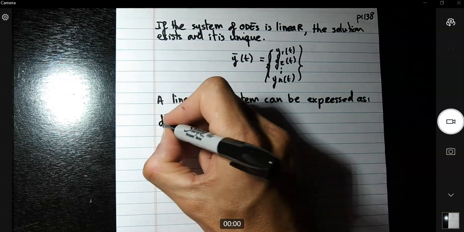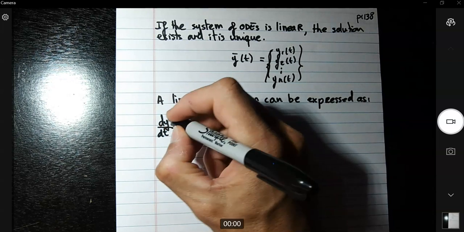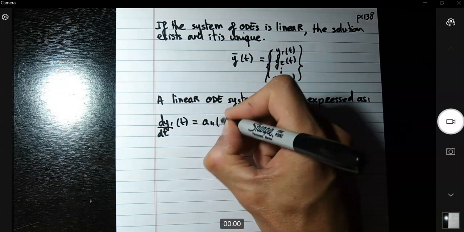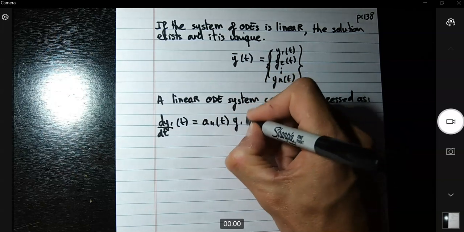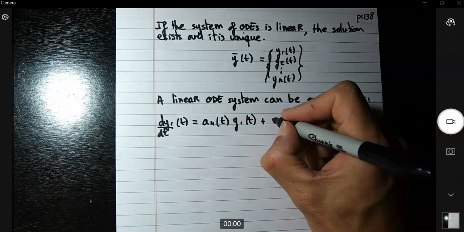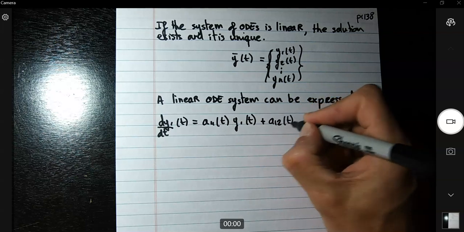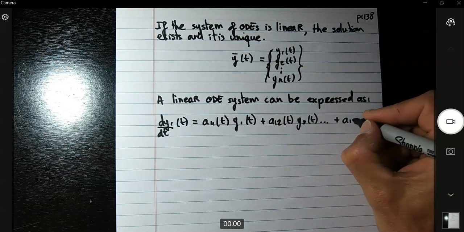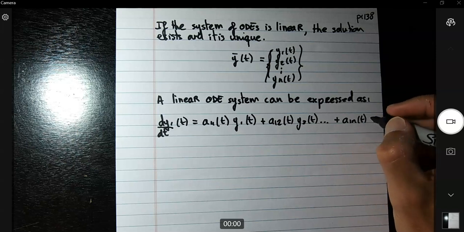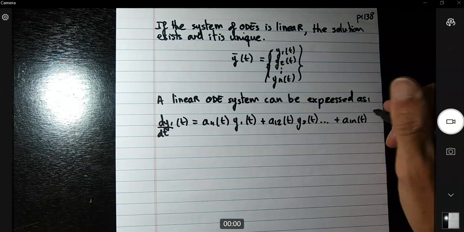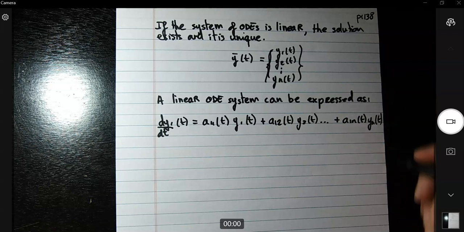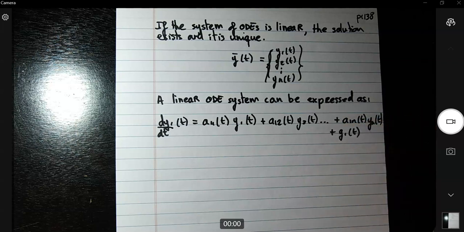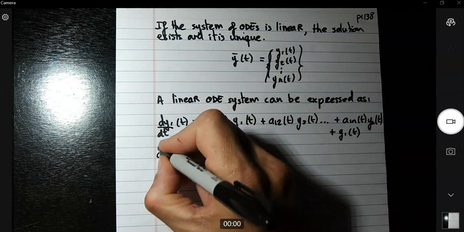Let's say we have dy1/dt of t equal to a11 of t y1 of t plus a12 of t y2 of t until a1n of t yn of t, plus another function g1 of t.